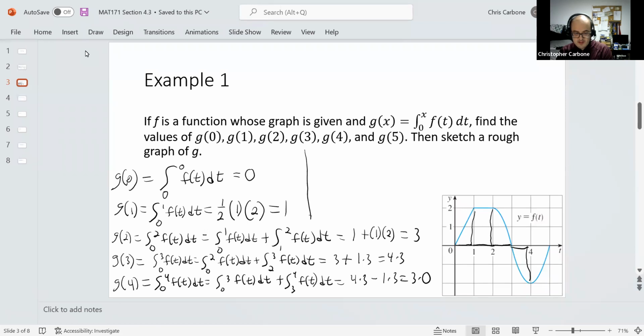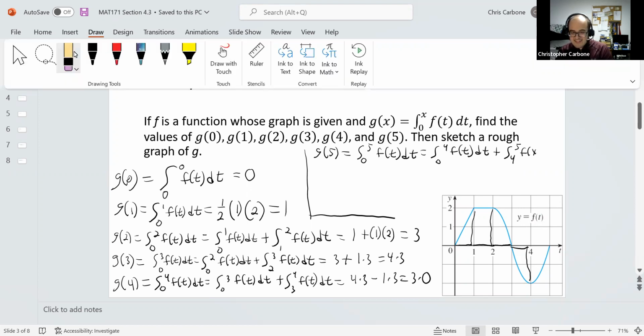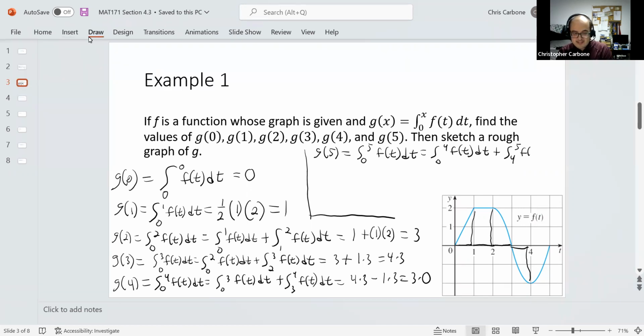And to get g of 5, I'll just write that one up here. G of 5 would be equal to the integral from 0 to 5 of f of t dt. So integral from 0 to 4 of f of t dt plus the integral from 4 to 5 of f of t dt.